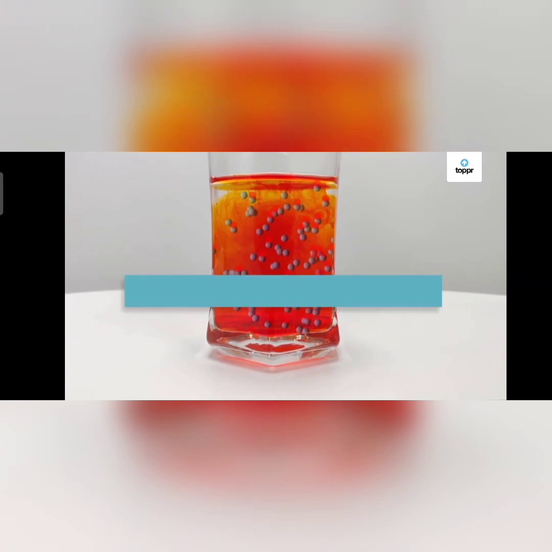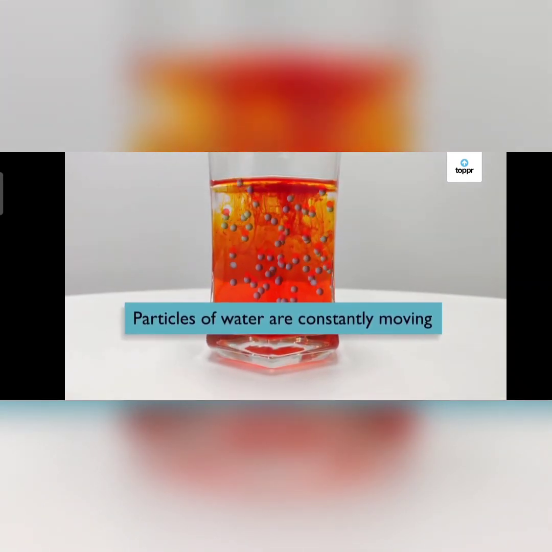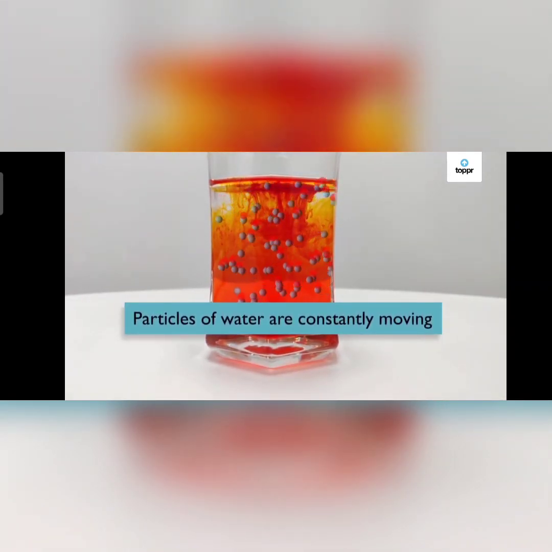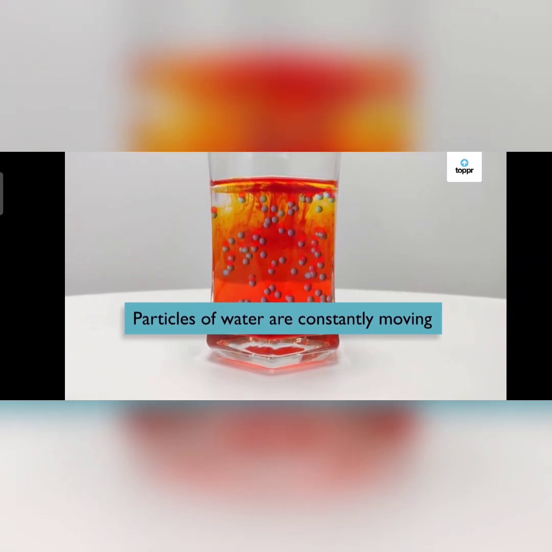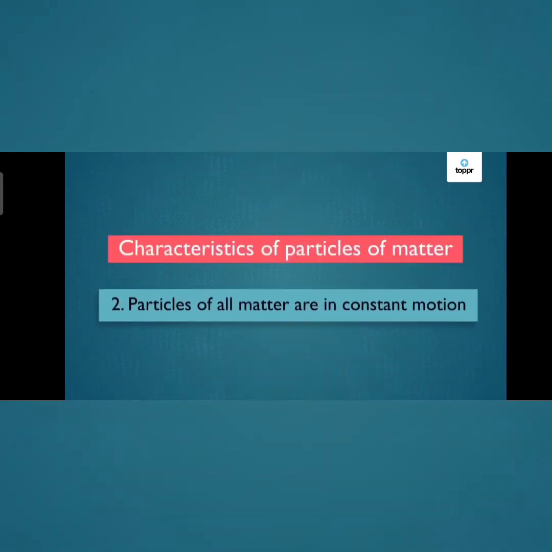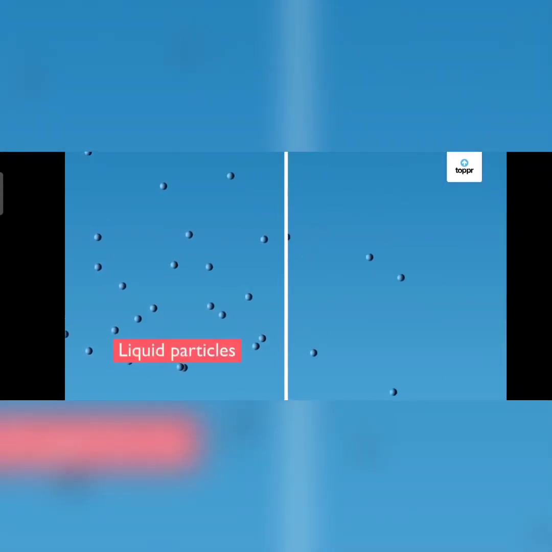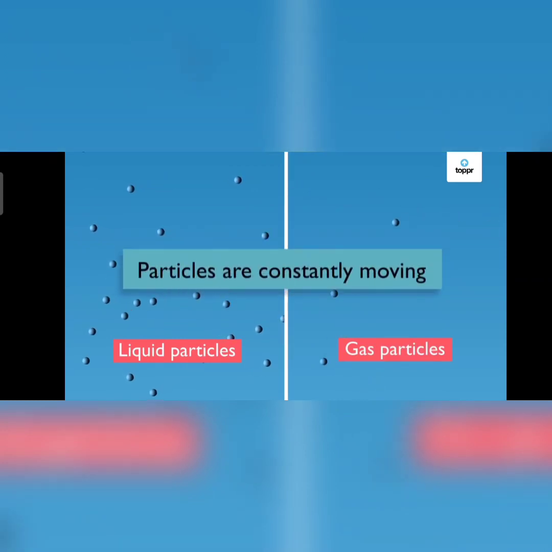This means that particles of water are constantly moving and the food color particles easily mix with water. So this brings us to the second characteristic of particles of matter, that is, particles of all matter are in constant motion. It's easy to understand that particles of liquids and gases constantly move.